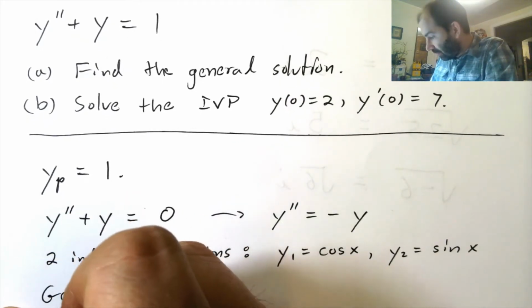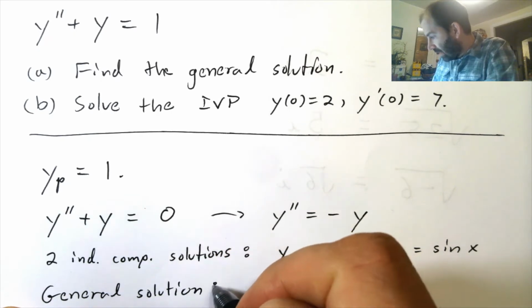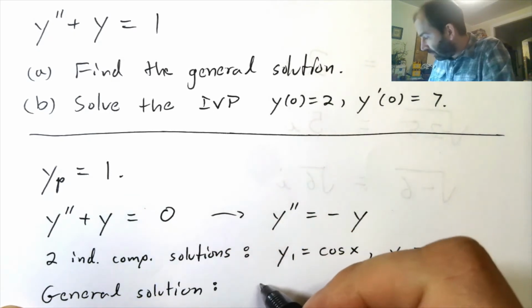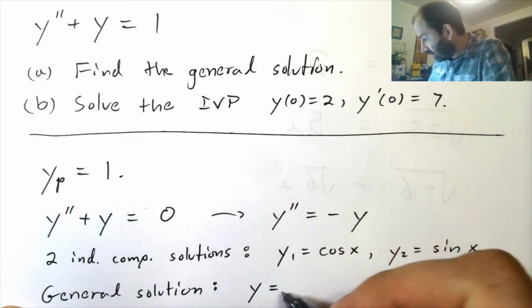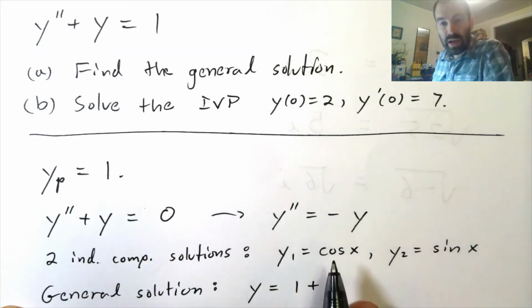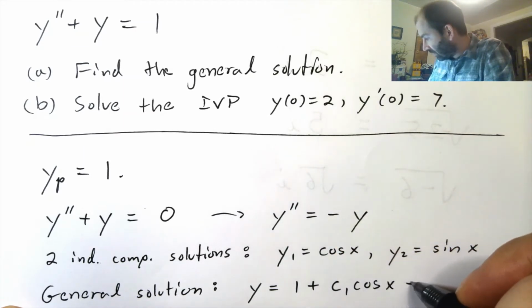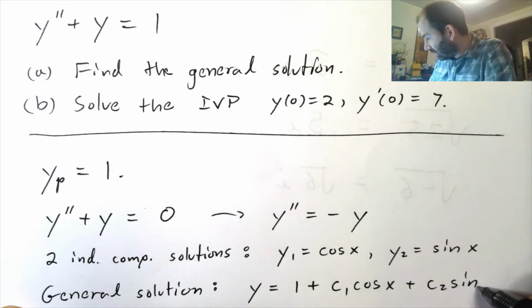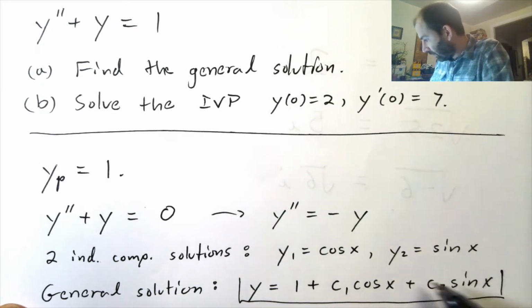The general solution, the one that will solve any initial value condition, is of the form yp plus any linear combination of these guys. C1 cosine x plus C2 sine x. There we have it.